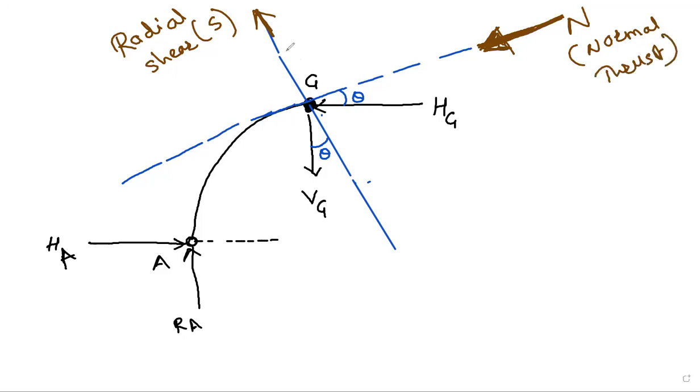This is radial shear. Both are acting perpendicular to each other. Then we have to resolve this HG and VG along the normal thrust and along the radial shear.